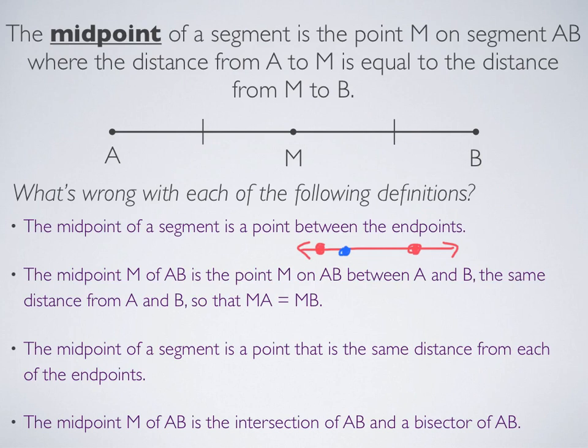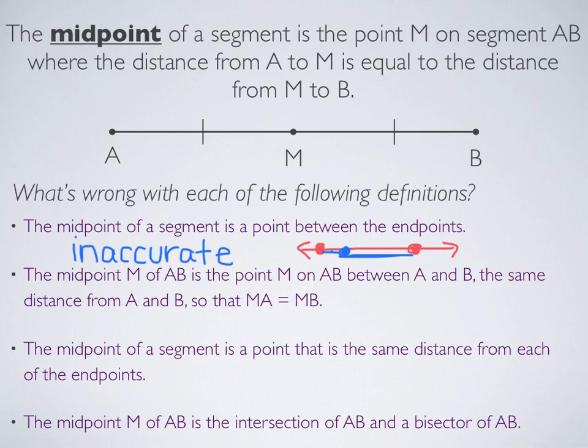But it's not necessarily a midpoint because this piece and this piece are not equal to each other. So this definition is considered to be inaccurate because it doesn't actually explain to me what a midpoint is. It doesn't include the part about it having to be the same distance from the endpoints.